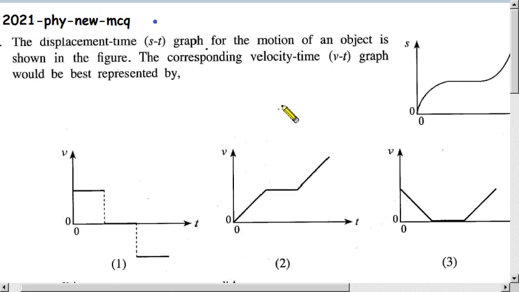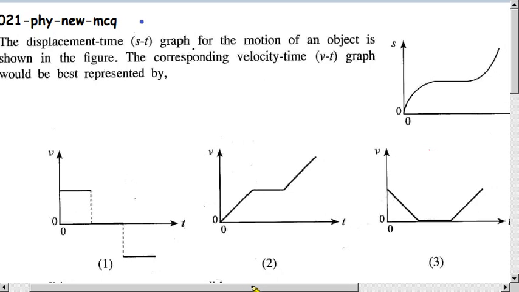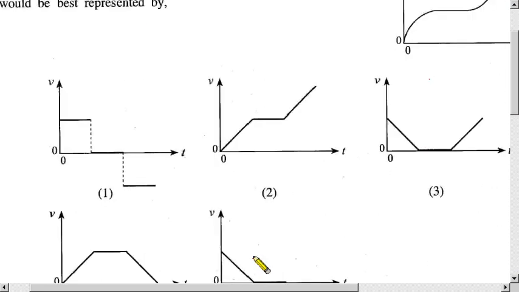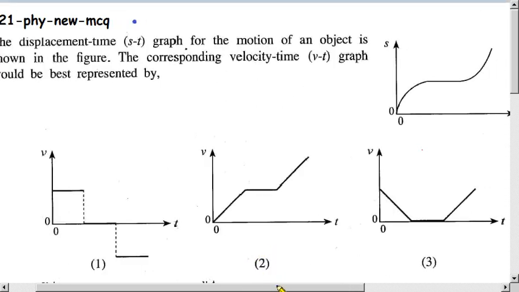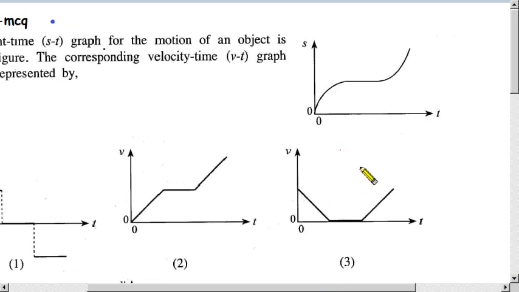The corresponding velocity time graph would be best represented by, we have to find out what is the correct velocity time graph. So they have given a displacement time graph. So children, if you are working with a displacement time graph, what is the output we can get from that graph? It is the gradient. Gradient is equal to the velocity.